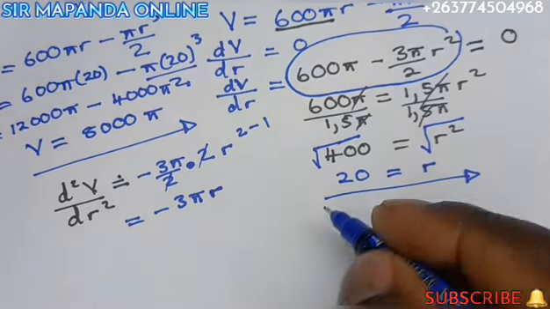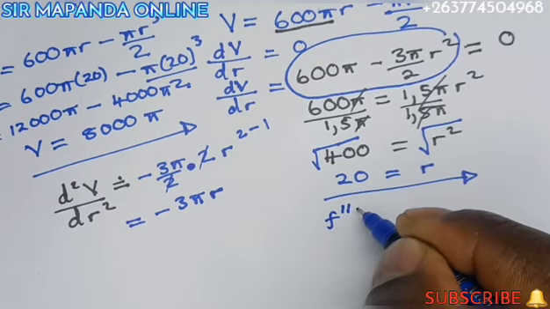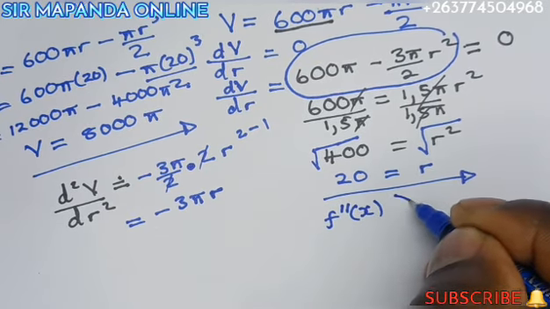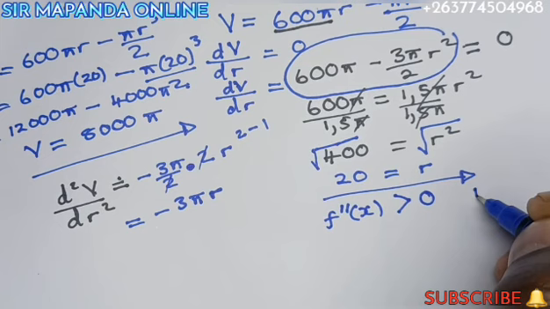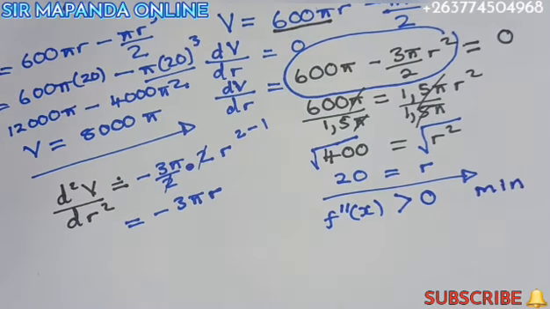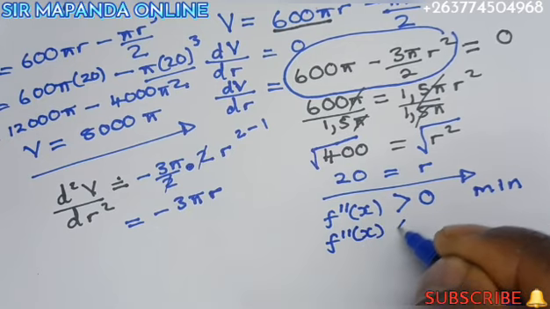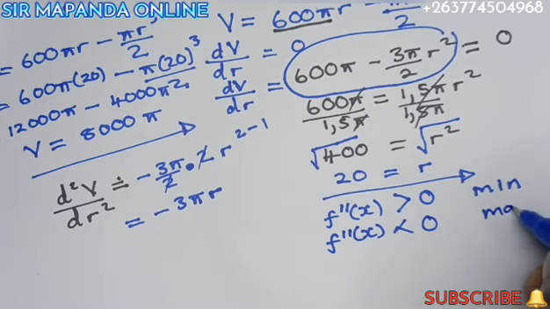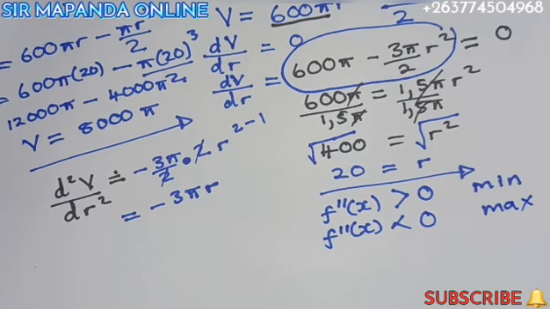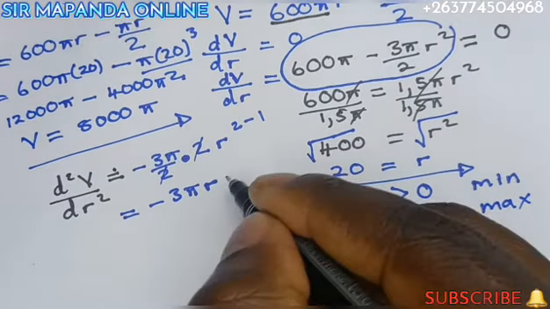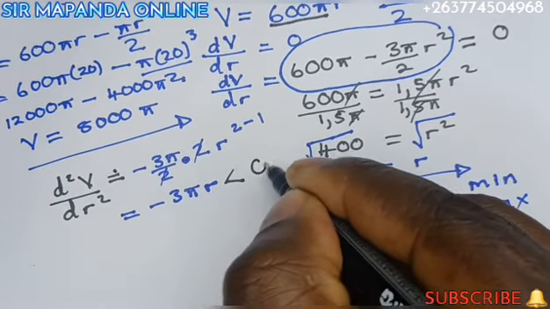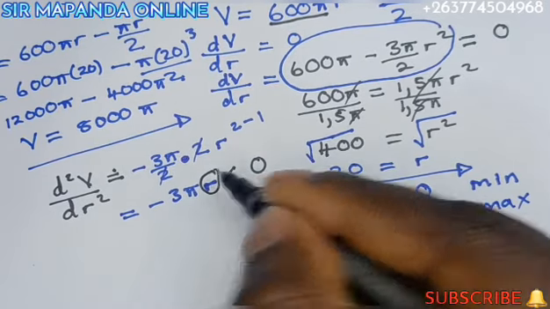Right. So if the second derivative is greater than 0, we refer to this as minimum. But if the second derivative is less than 0, we refer to this as maximum. Right. So this one is going to be a number which is less than 0. Why? The value of r is a radius.